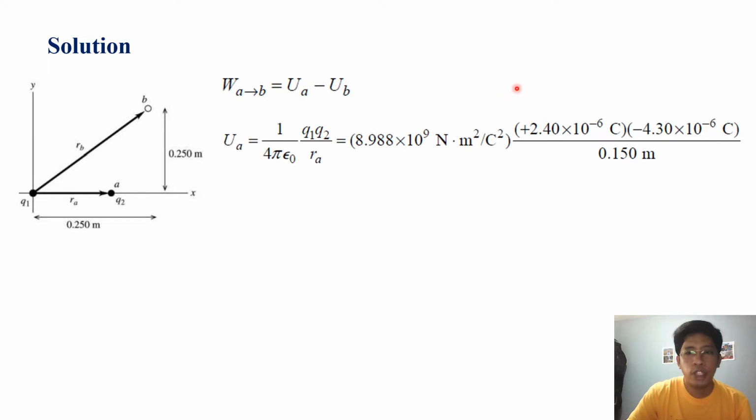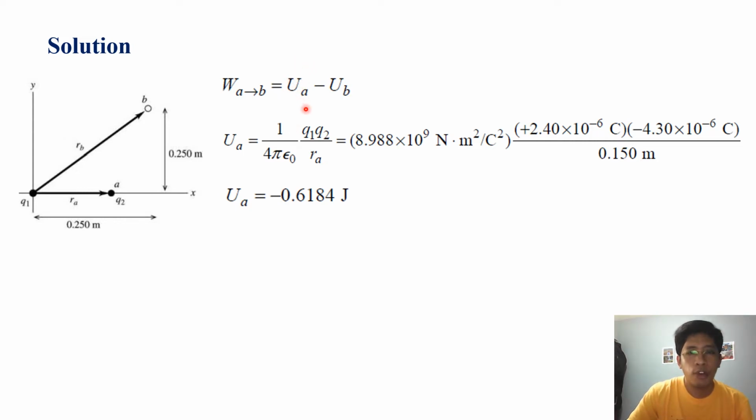And then for your charges, let us use the standard units. So you have 2.40 times 10 to the negative 6 coulombs, and negative 4.30 times 10 to the negative 6 coulombs. Again, we are using standard units, coulombs, divided by your 0.150 meters. So this is now your UA. Solving for this, you get an answer of around negative 0.6184 joules. So you now have your UA.